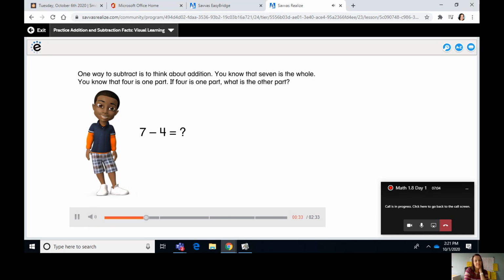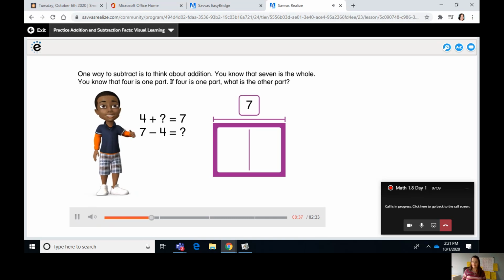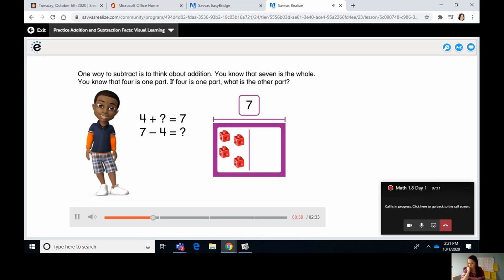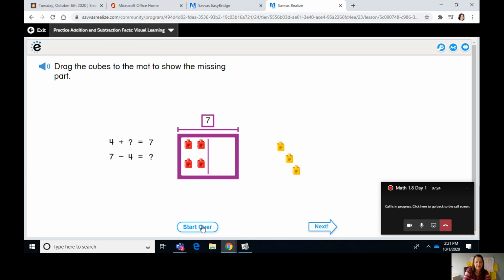One way to subtract is to think about addition. You know that 7 is the whole. You know that 4 is one part. If 4 is one part, what is the other part? Let's give that a try.